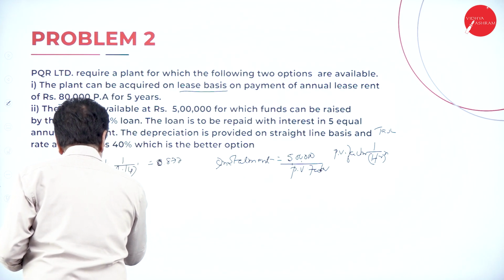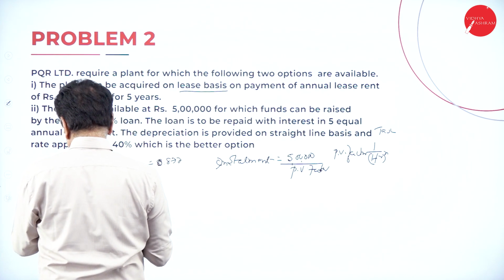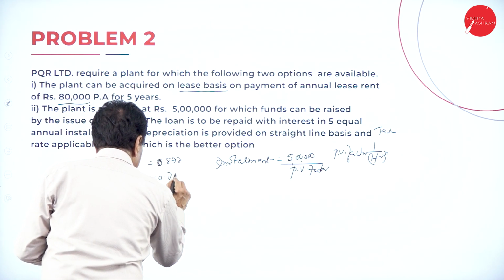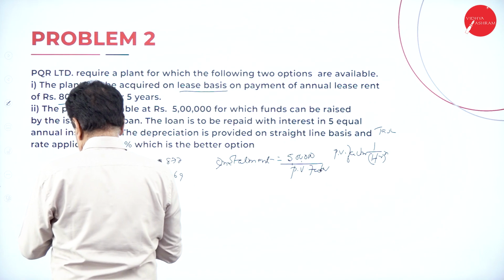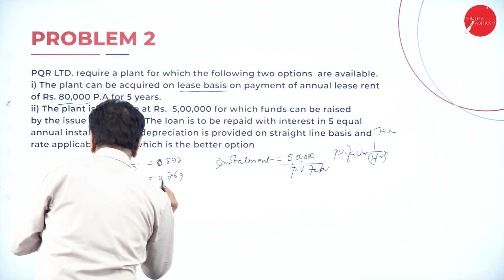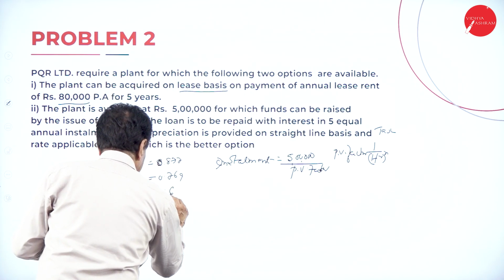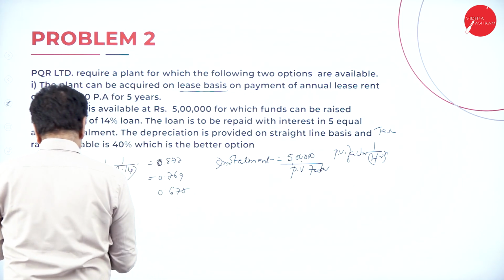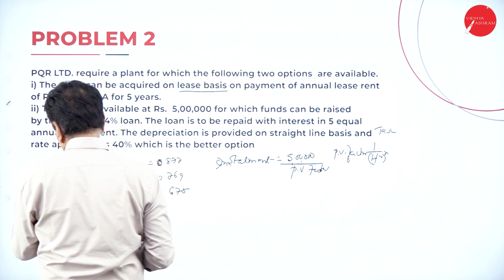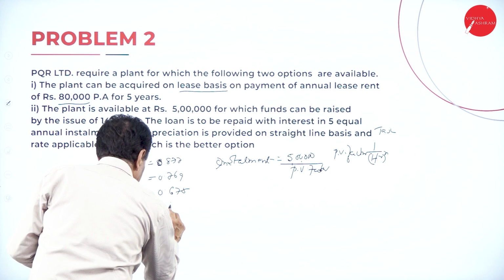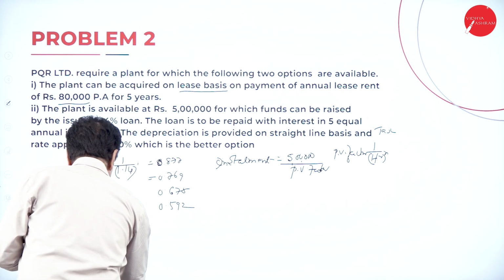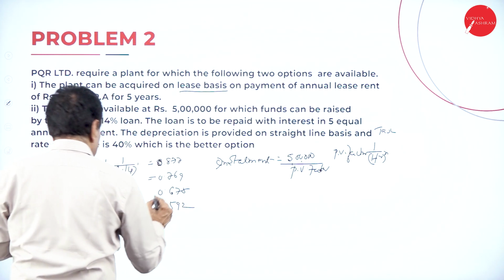This is the first year. For the second year, 0.769. Third year, 0.675. Fourth year, 0.592. Fifth year, 0.519.